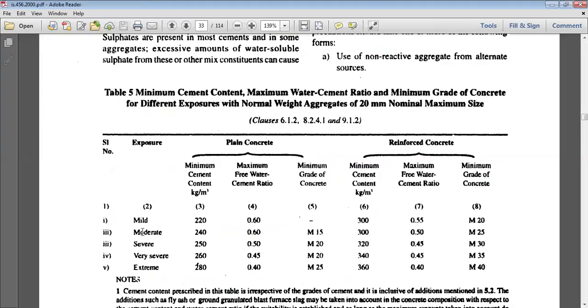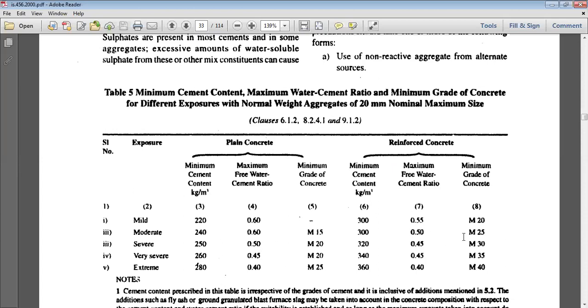Here it is, the exposure condition: mild, moderate, severe, very severe, extreme. Based on this, they decide the minimum cement content as well as the water cement ratios, for plain concrete as well as reinforced concrete. It is given by IS 456.